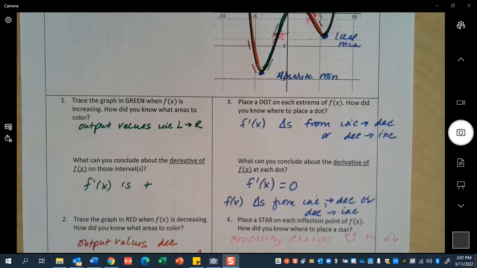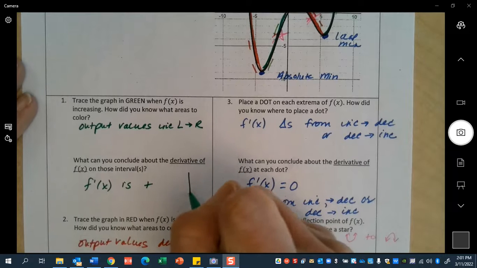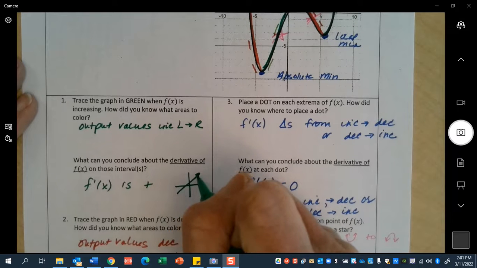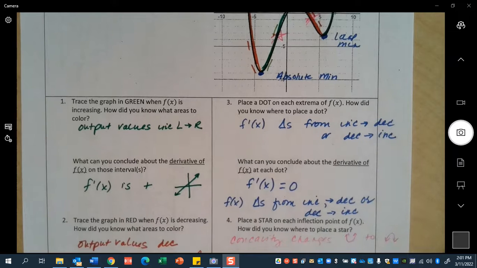Back in Algebra 1, when you had a linear graph that was increasing, your slope of the tangent line was constant. It wasn't changing. It was positive. If f of x has a slope that's positive, that means that f prime of x is going to be positive and your output values are increasing.